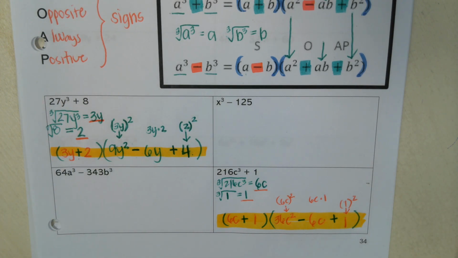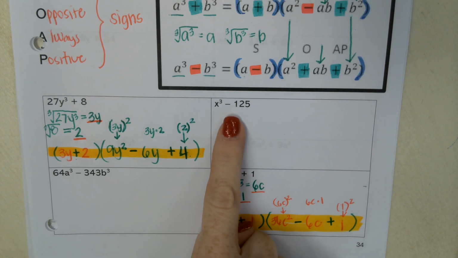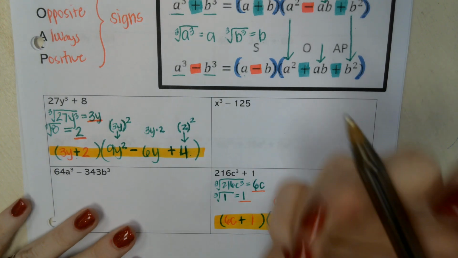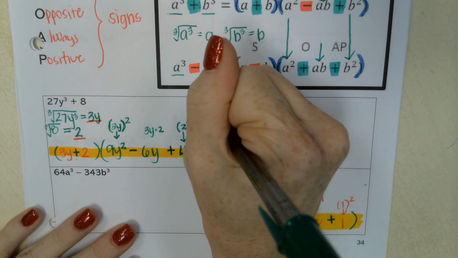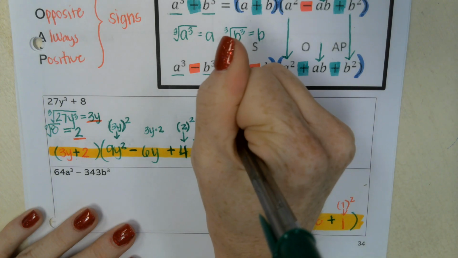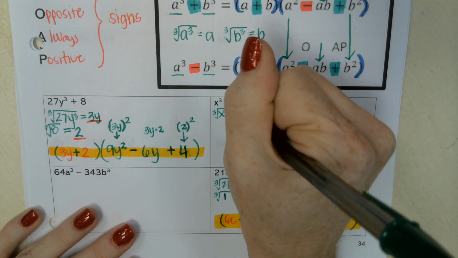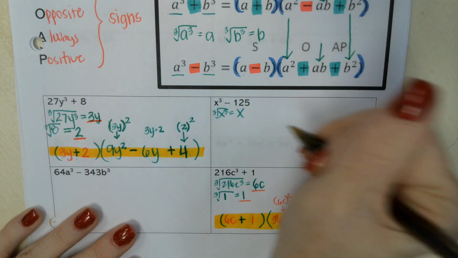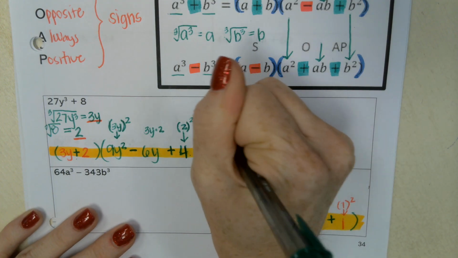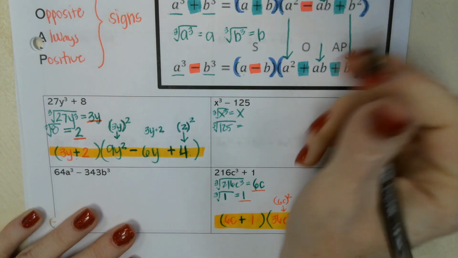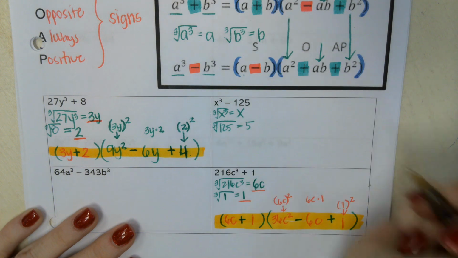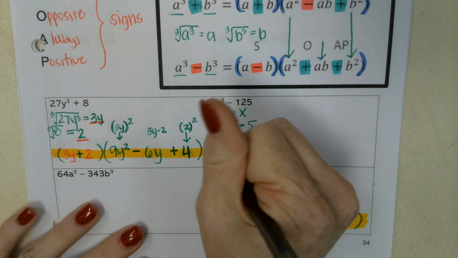Okay? Now let's look at this one. This is a difference of cubes, gentlemen. The cube root of x cubed is x, and the cube root of 125 is 5. Okay? All right.